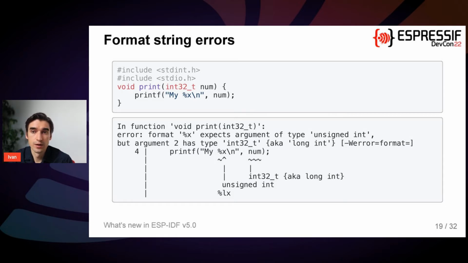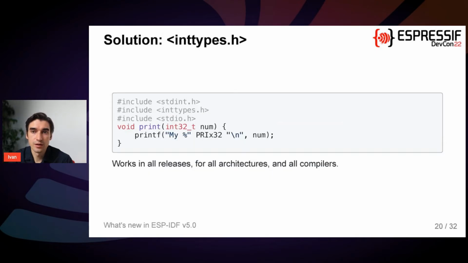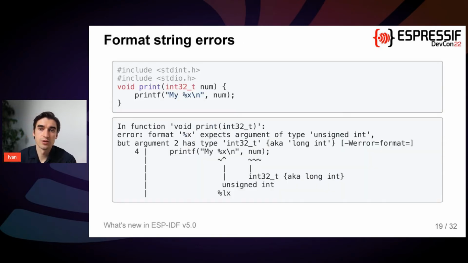So the compiler will tell you that the format specifier says unsigned int, but actually int32_t is a long. And long to int conversion cannot be done implicitly, in the case of format specifiers. So the compiler asks you to change this to %lx.